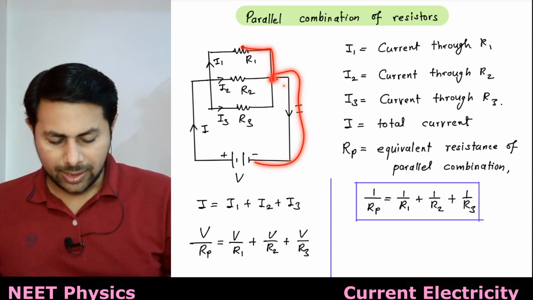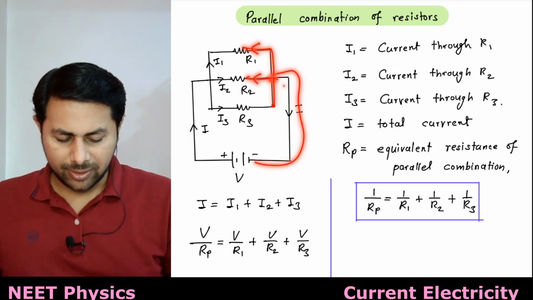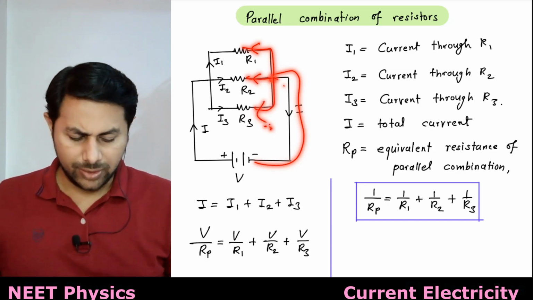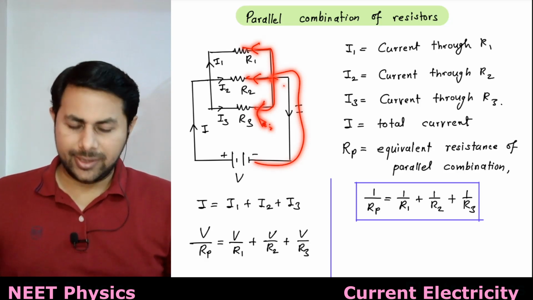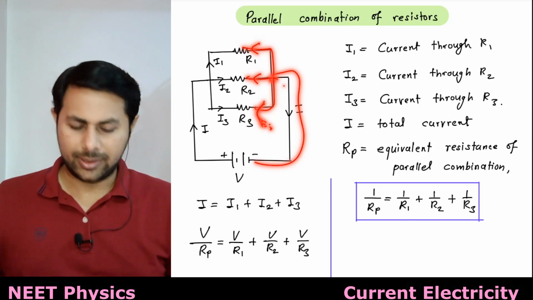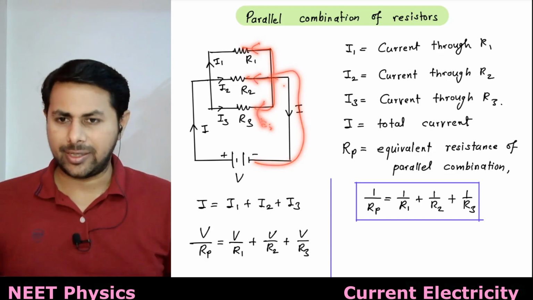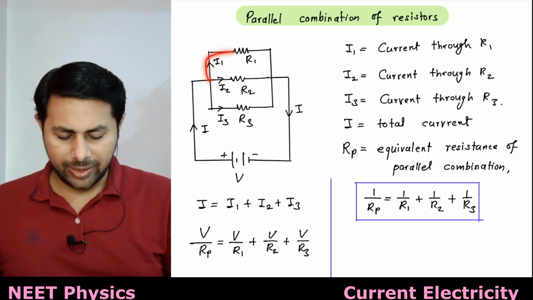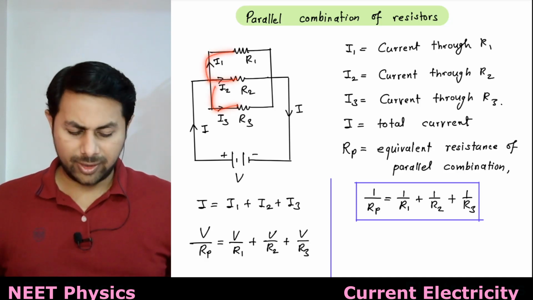So there are three possible paths for current to flow, and therefore current will get divided into three parts. So the currents will be I1, I2 and I3, right?